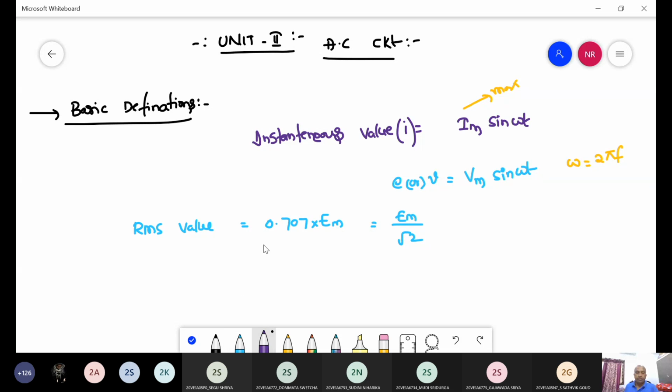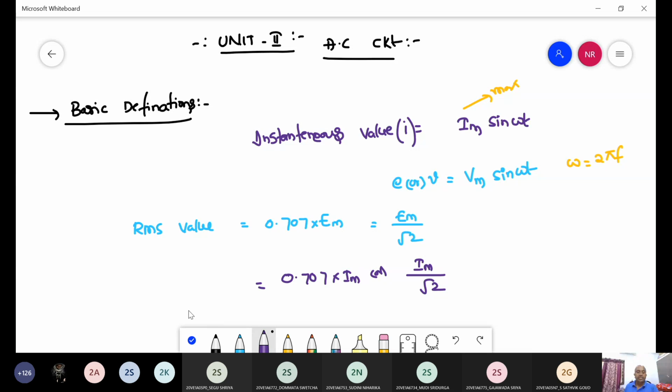If it is current, it is the same thing: 0.707 into Im, or Im by root 2. This is the RMS value, right?